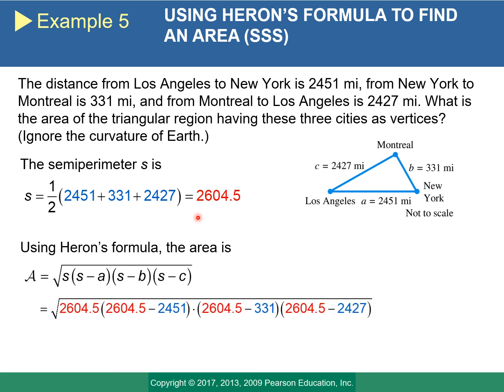And if your calculator can do it all at once, go ahead and do it all under the square root. If not, you would just multiply these all together, and then after you get your answer, square root that answer. And you'll get that this is going to have an area, notice it's square miles, and that's 401,700 square miles.